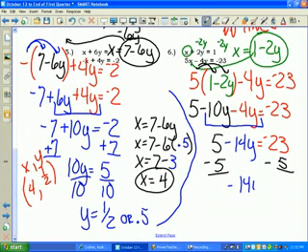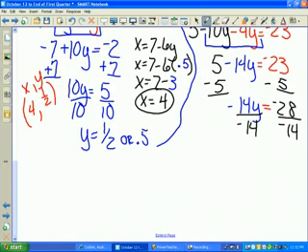Then I get a negative 14y equals a negative 28. Divide both sides by negative 14. So that's telling me y equals positive 2.